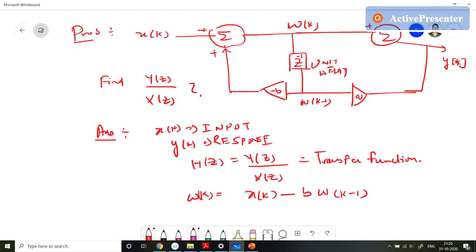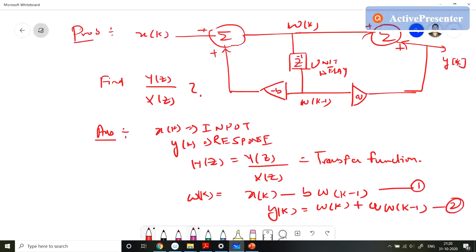Also we have y(k). Please understand that y(k) is equal to w(k) plus a multiplied by w(k minus 1). So this is our equation 1 and this is our equation 2.